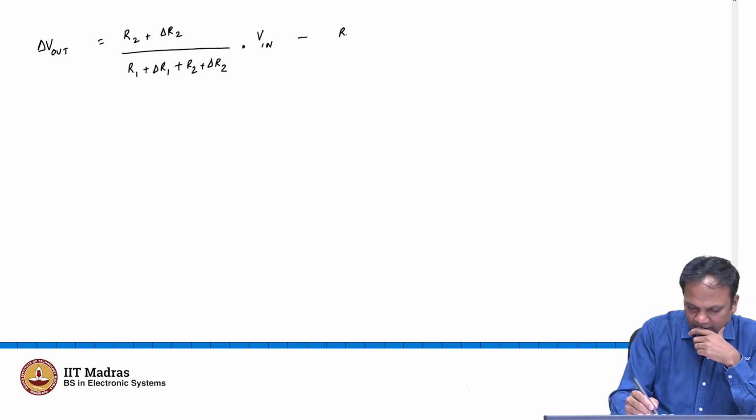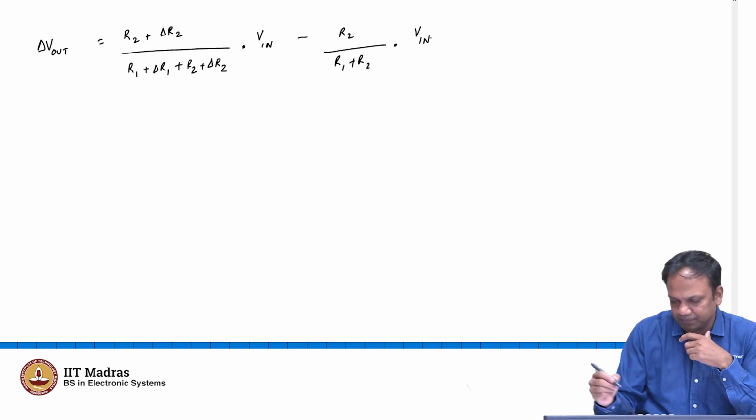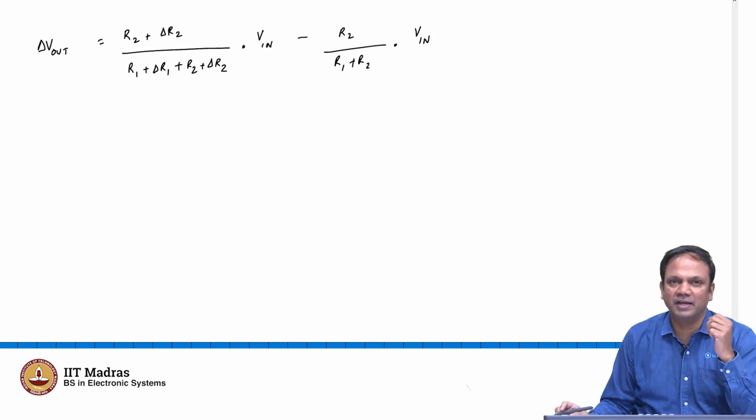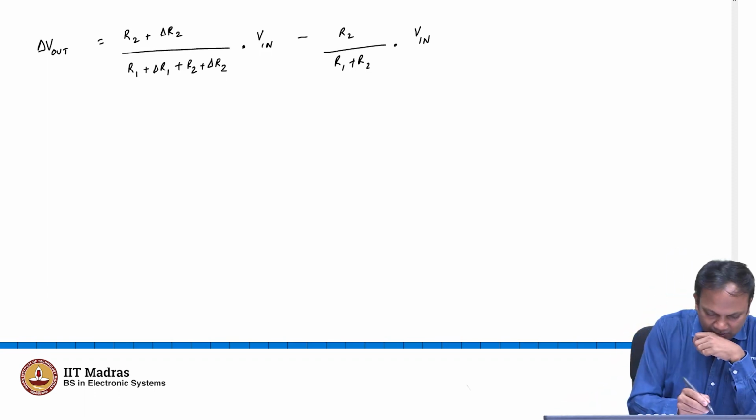Minus R2 by R1 plus R2 into V in, right. So this is V out, we have just replaced V out by R2 by R1 plus R2 into V in.